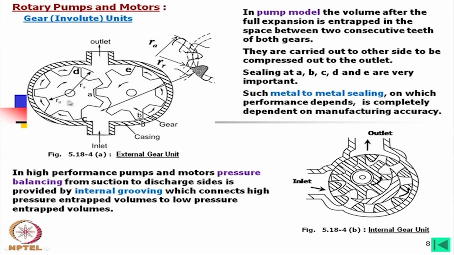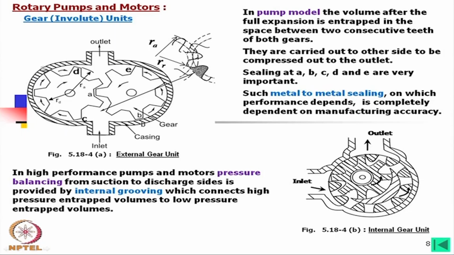To balance this, what is done? An internal groove is made from here. Look at this, from here, and it is connected at that zone. That means whatever pressure is here, through this it is being connected here, and again another groove can be provided here and it is connected here.